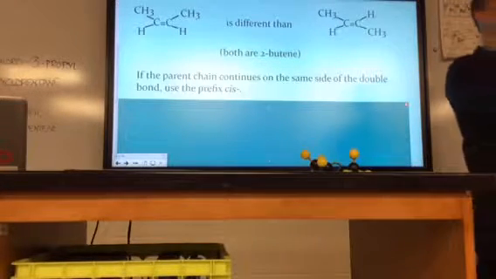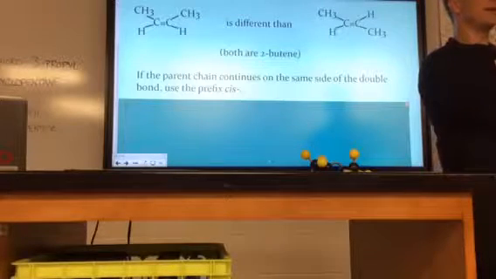So that's this one, it's cis-2-butene. Starts above the double bond, ends above the double bond.